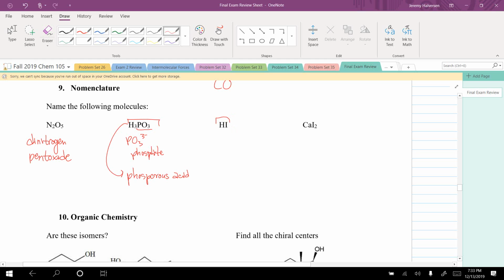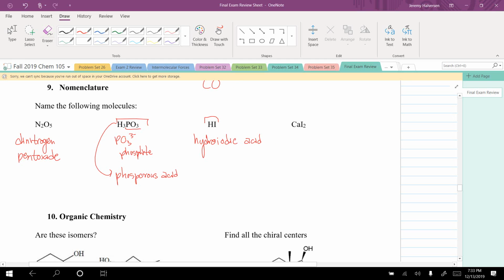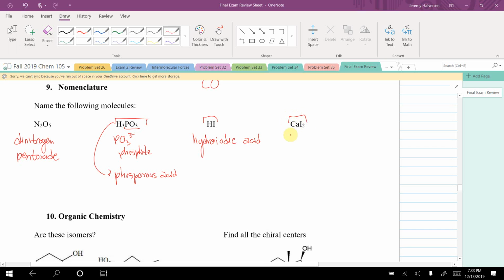What does it fall under? I'll just write it. That's an acid, but it's a binary acid, so we have the hydro prefix. And then this is ionic, so what do we call it? Sweet. This is my reminder to you that if you can't name stuff, you should figure it out.